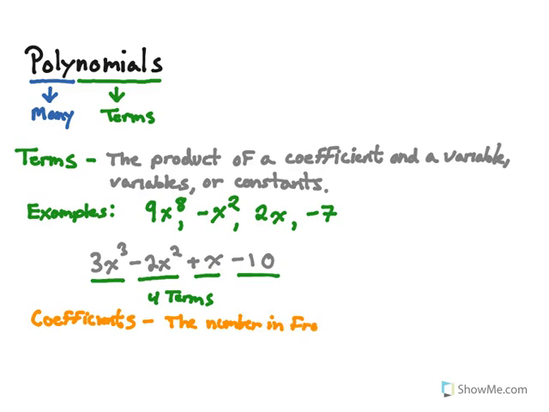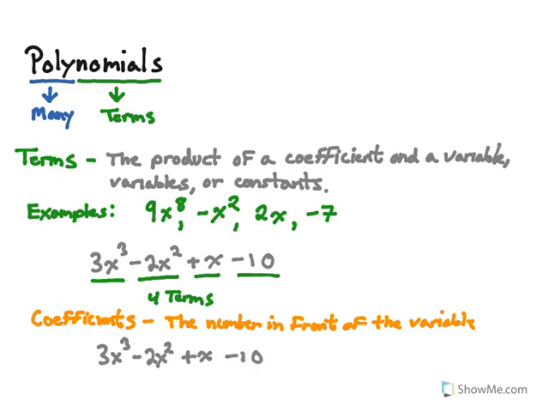And we can use the same example that I just gave you: 3x cubed minus 2x squared plus x minus 10. We'll use the same example that I just wrote above, just to keep things consistent.